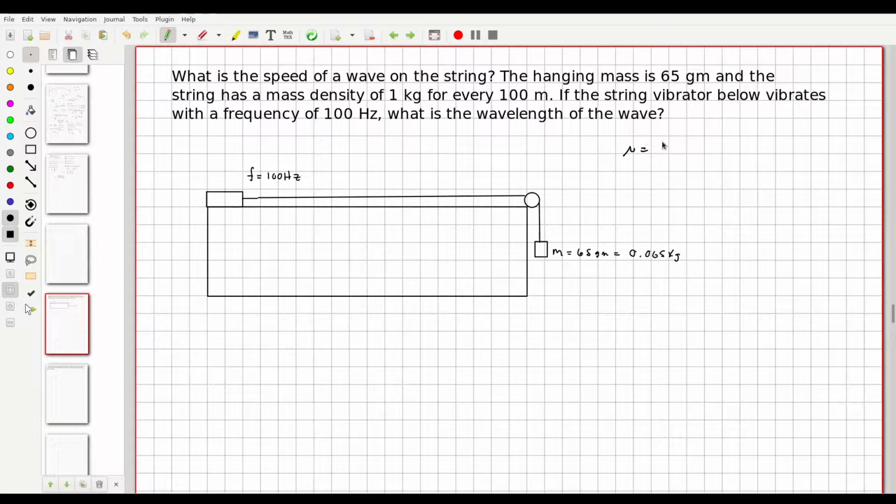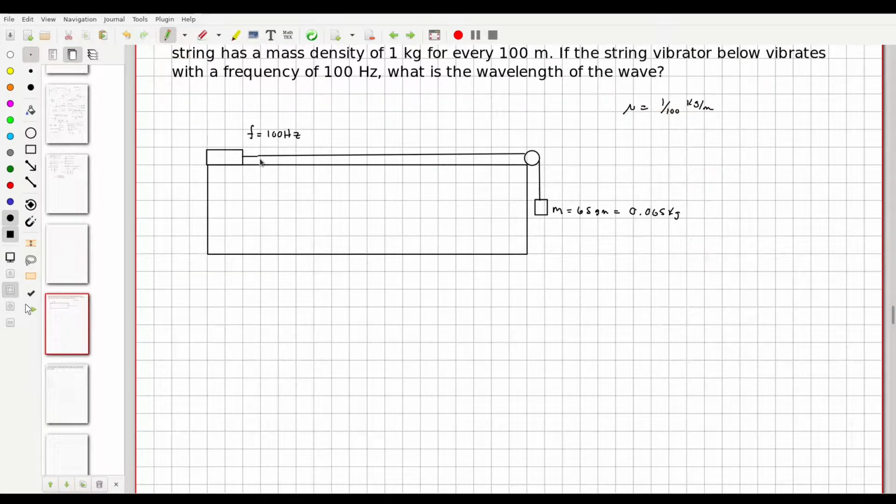It is 1 kilogram for every 100 meters. Okay. So we want to find the speed of the wave and also what the wavelength of the wave is when it's vibrated at this particular frequency.